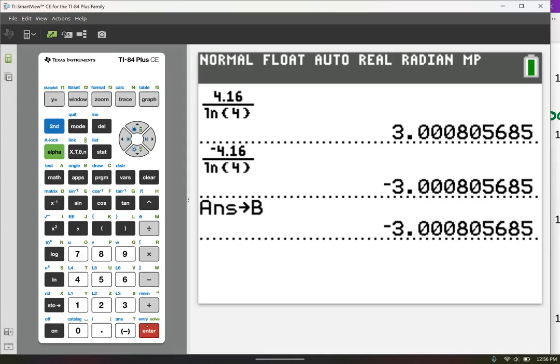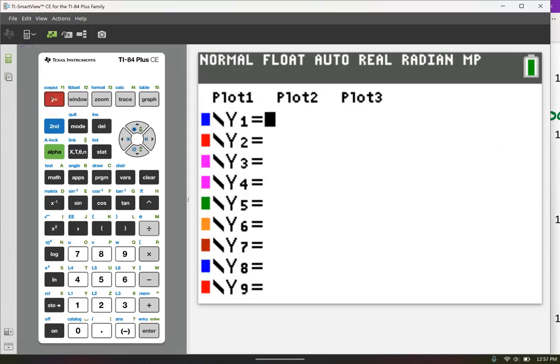Which then allows me in y equals to type in 75 plus B, instead of having to type all that out, negative 3.0008 whatever, I'm able to just say B and the natural log of x plus 1. Too many parentheses there, delete, there we go. So if you store your B value, then we can use it here. I'd recommend similar type of things.